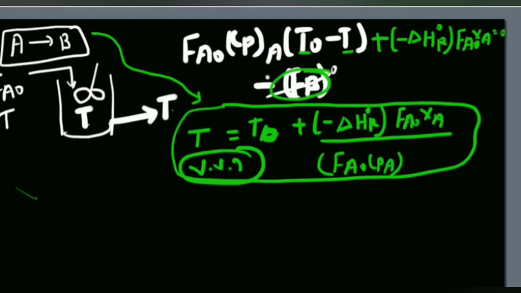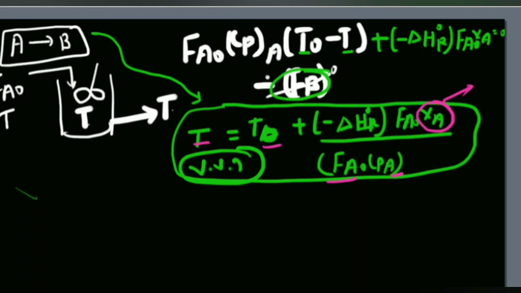Now understand what's happening here. If they have given these things, sometimes they will tell you to calculate the conversion of the reactant at a particular temperature T. Or sometimes they will tell you how much temperature is required for achieving 80% conversion.